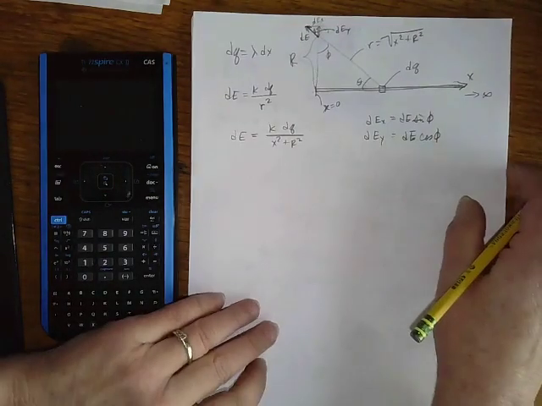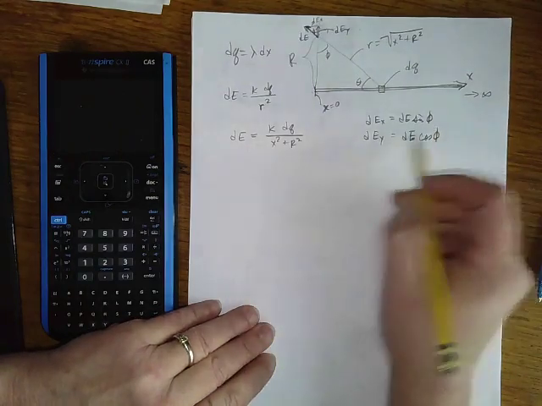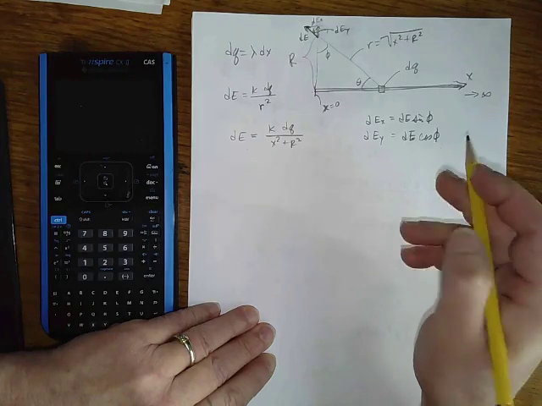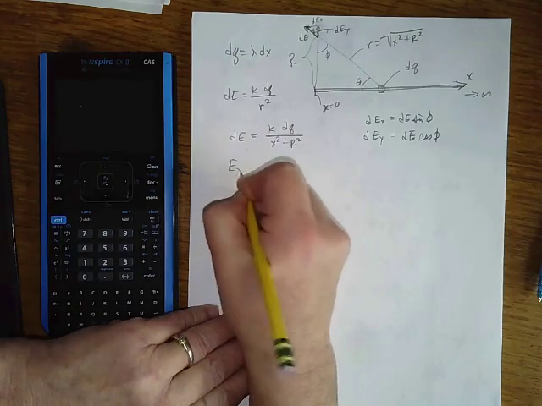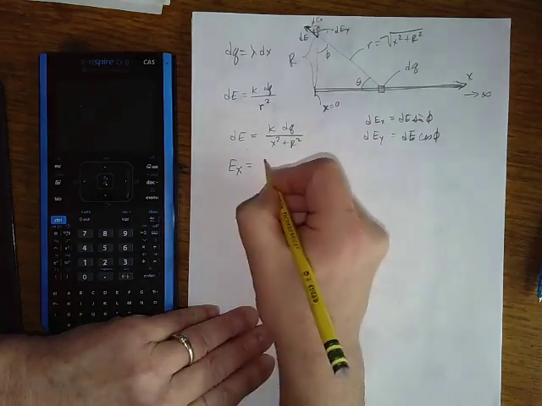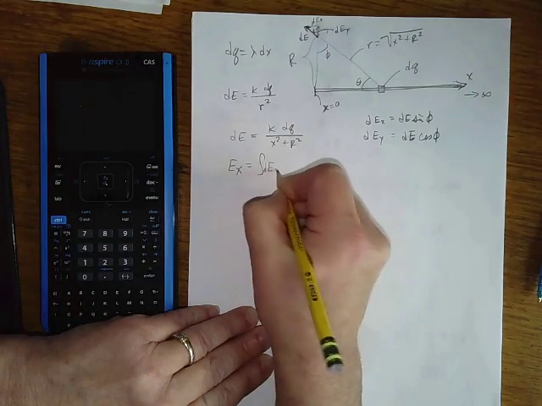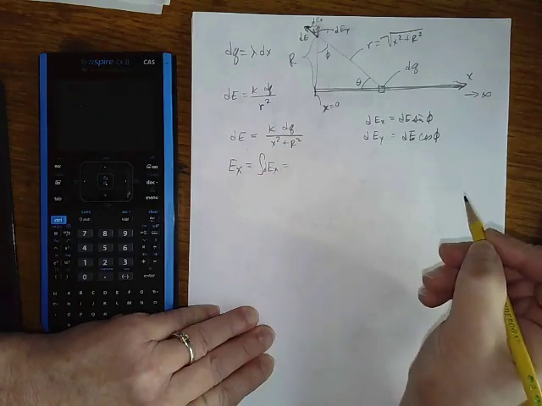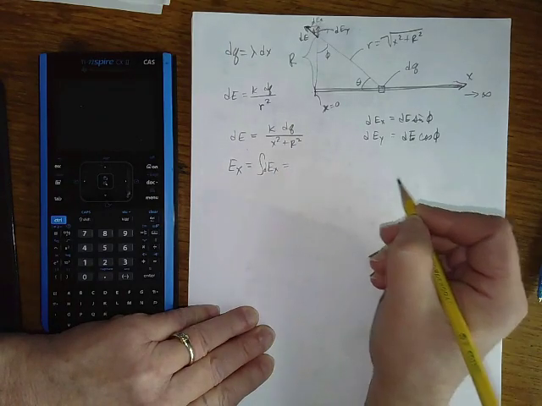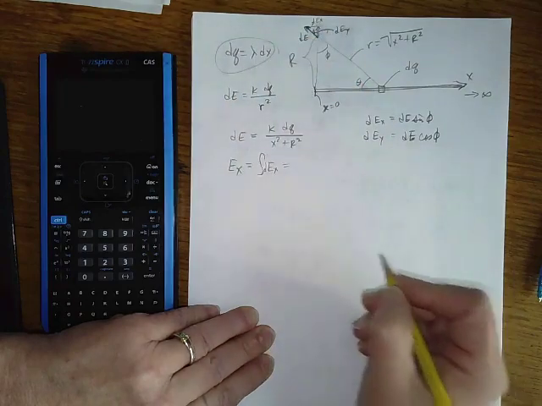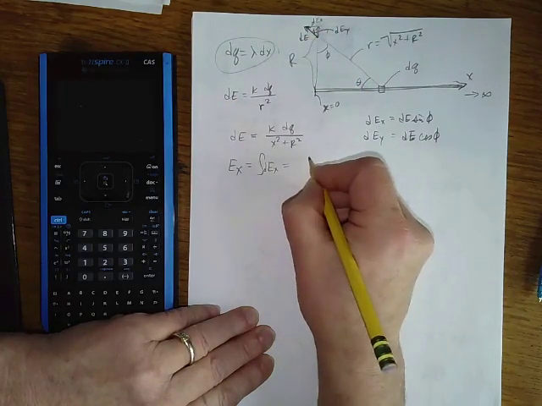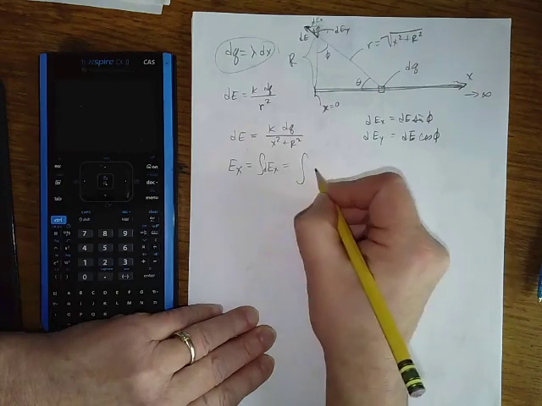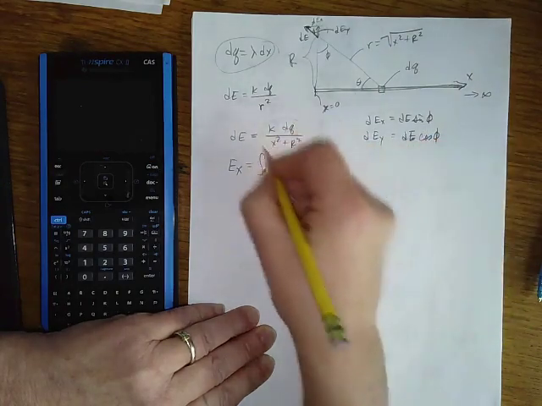So we've got dE here, and I think we are pretty good to write our integrals. Let's look for Ex first of all. It's going to be the integral of dEx. Let's just write it and then we'll pull things out in a minute. Our dEx is going to be dE sine phi.